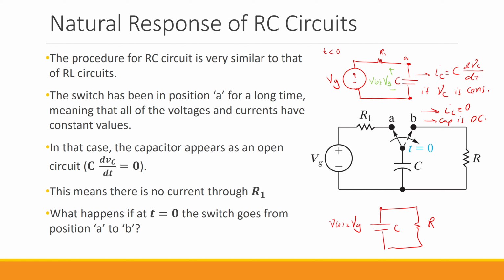The behavior would be very similar to the RL circuit, in which we had an inductor with some initial energy stored in the form of initial current, and we connected it to a resistor, and we saw that over time that energy is consumed by the resistor. So we have a similar situation here.